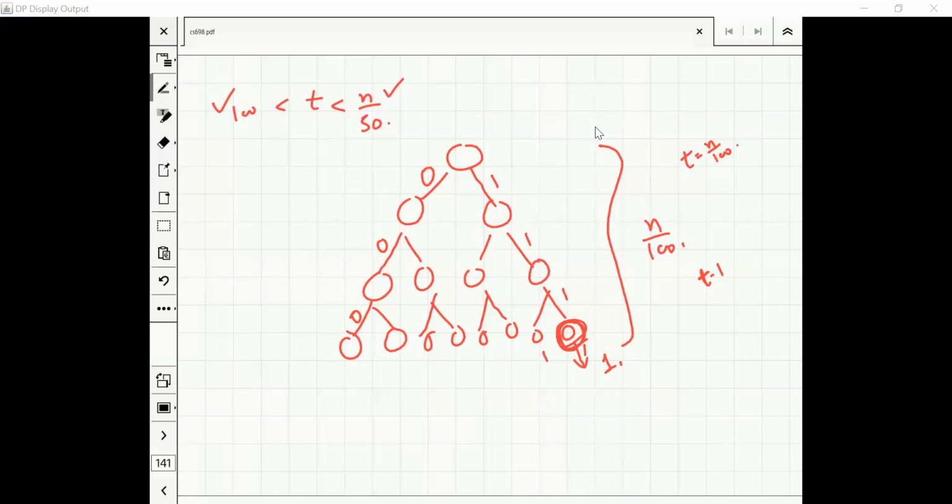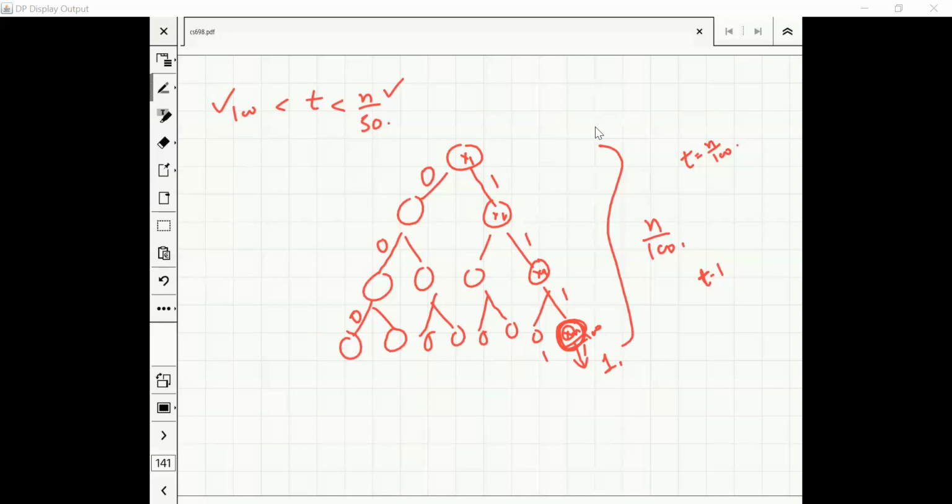For this direction, which has all ones, this is some particular set of inputs, x1, x2, x3, up to xn by 100. There is only one input which has non-zero probability and which will go to this path. Correct?